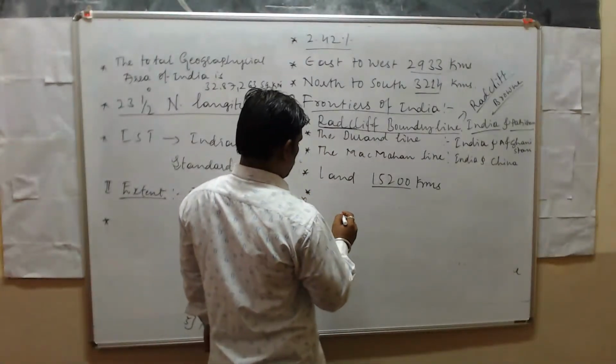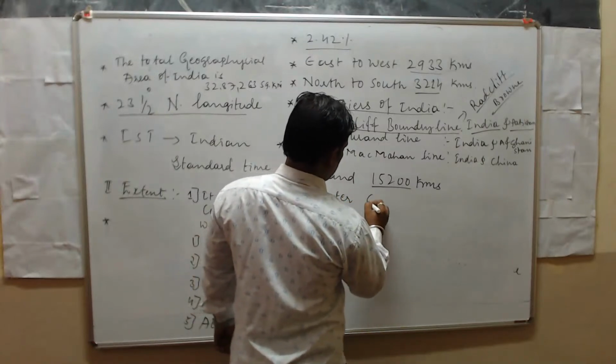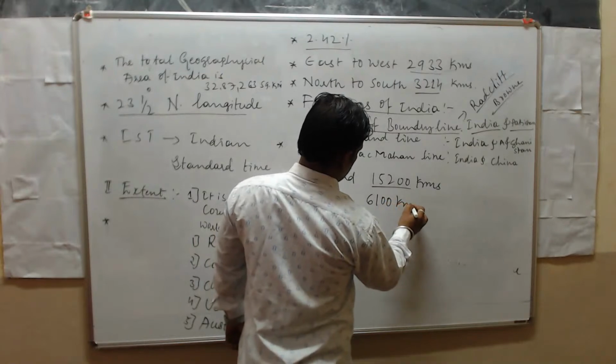Next, water frontier is 6,100 kilometers.